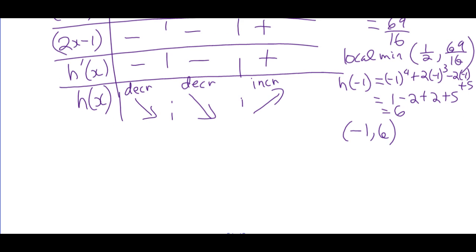And what's happening there? Okay, so we got the point -1, 6 here. Oh, wait, let's move that in a little closer. And we've got the 1/2 and 69/16, that's like 4 and 5/16, so that'll be about like here.